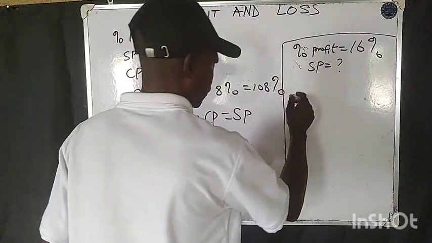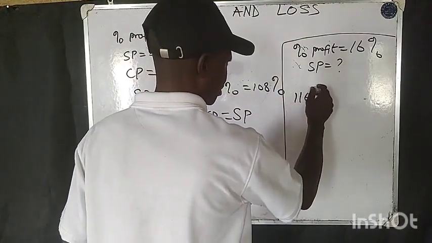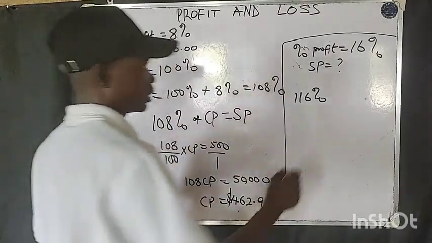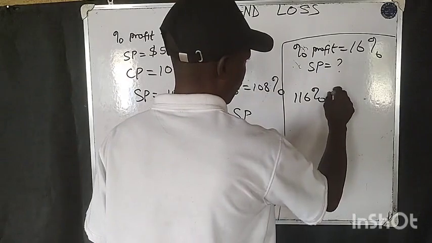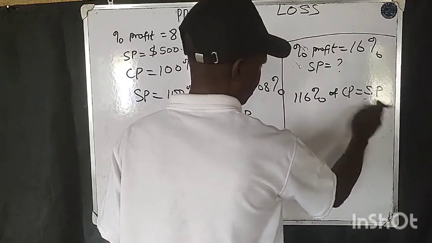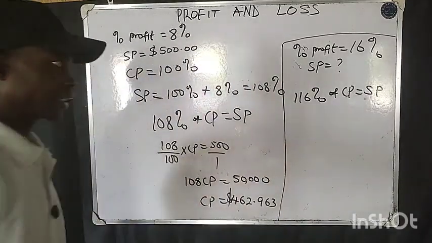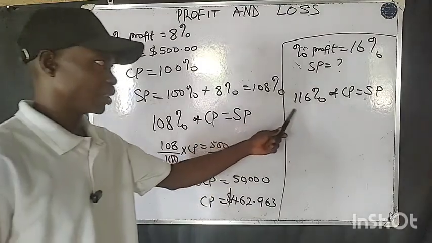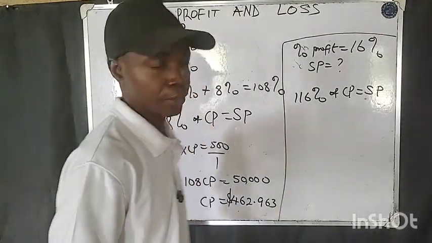So we are going to write 116%, right? Because it's a profit. There's a gain now, not a loss again, right? So 16 plus 100, that will be 116, that be 116% of cost price gives us the selling price.